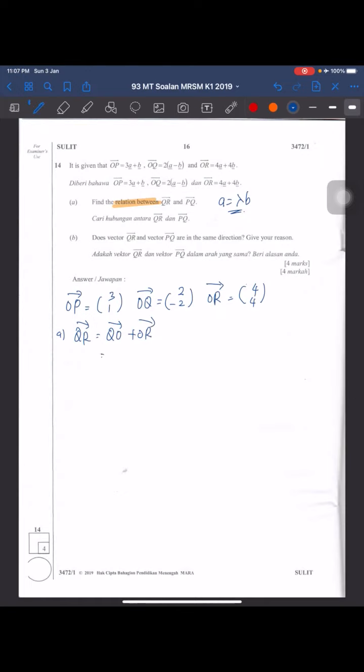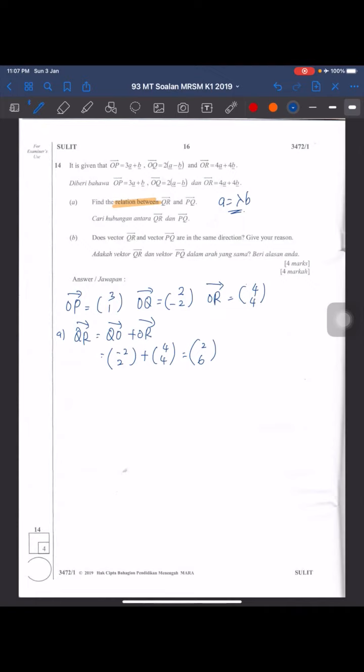So QO, kita ada OQ di sini. Nak cari QO, balikkan sahaja. So negative 2, 2 plus OR. OR is 4, 4. So 4 minus 2 is 2. 4 plus 2 is 6.